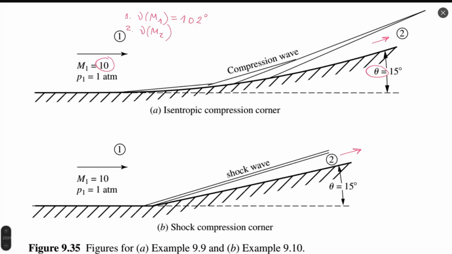I expect that velocity decreases, so it means that my Prandtl-Meyer function also decreases. To calculate, I will use nu of M1 minus theta. And this would be how much? 87, right? 87 degrees.